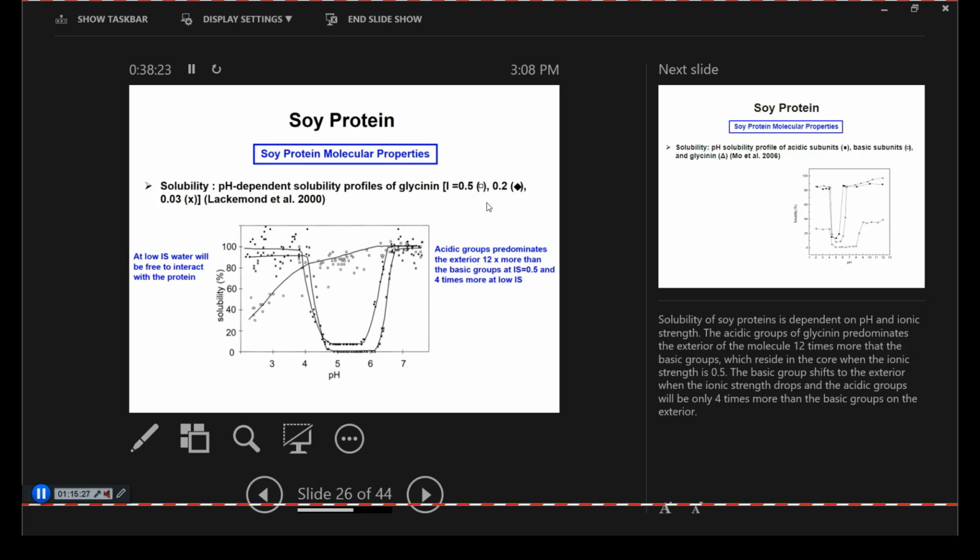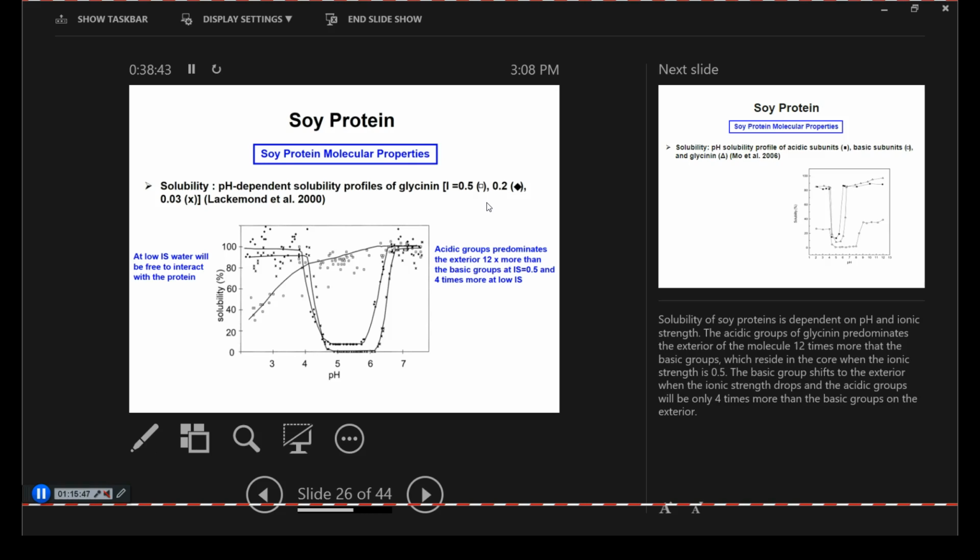Looking at the pH, at low pH we have low solubility, and you go, why is that? Because the acidic groups are on the exterior mostly, and at low pH they're going to pick up protons. So they're going to lose their charge because they're going to be protonated.